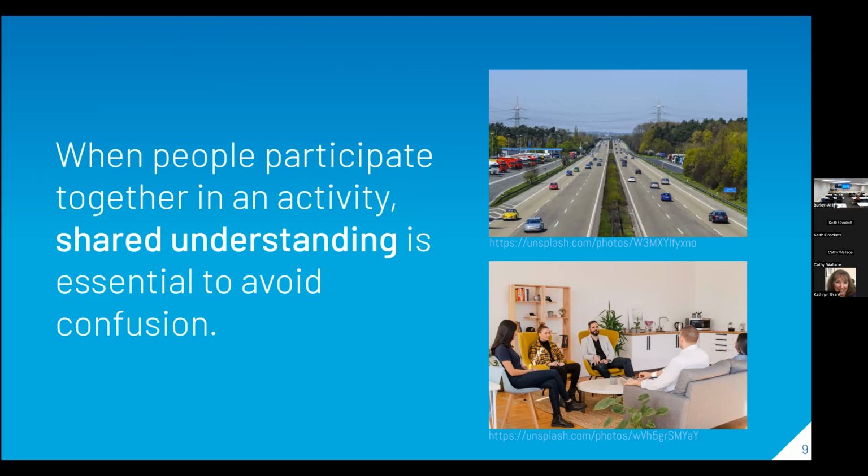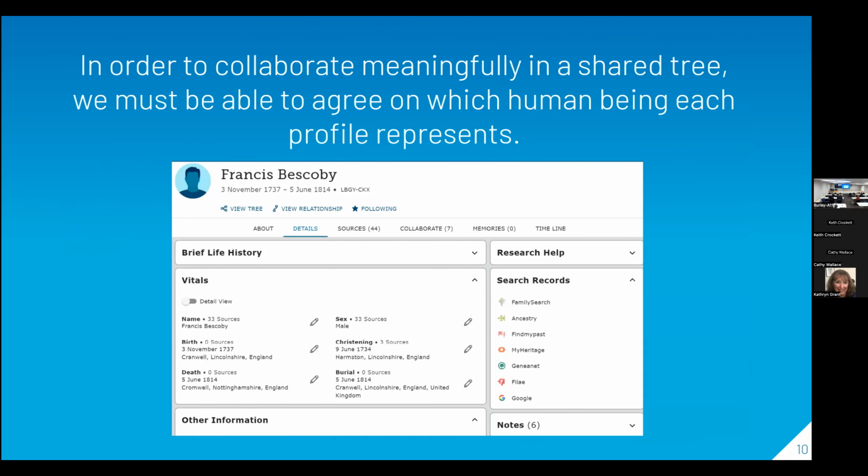There was no way to know the meaning if you didn't know the language. So those are two examples of how, if we're going to work on a shared activity, we've got to have some kind of shared understanding. And it's the same in family tree. In order to collaborate meaningfully, we've got to be able to agree on which human being each profile represents.